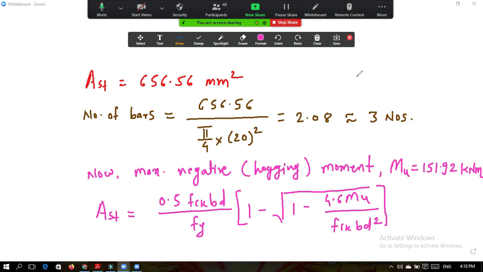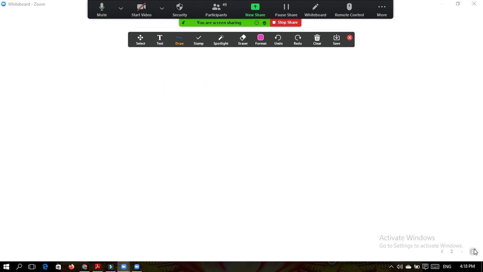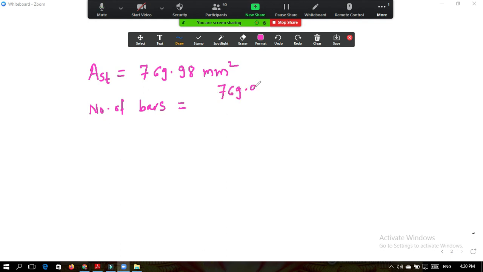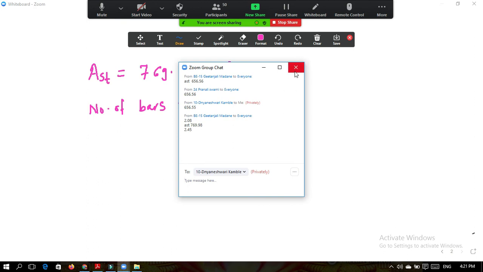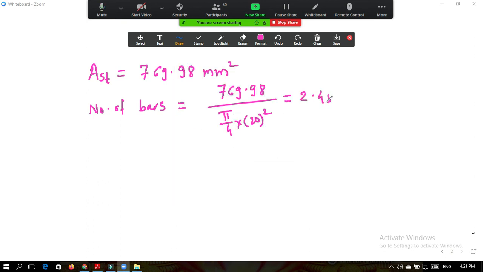You put the values and let me know the answer. 769.98. How many number of bars are required? Again, I assume 20 bar diameter, divided by pi by 4 into 20 square. 2.45, so 3. 2.45 is nearly equal to 3 numbers.